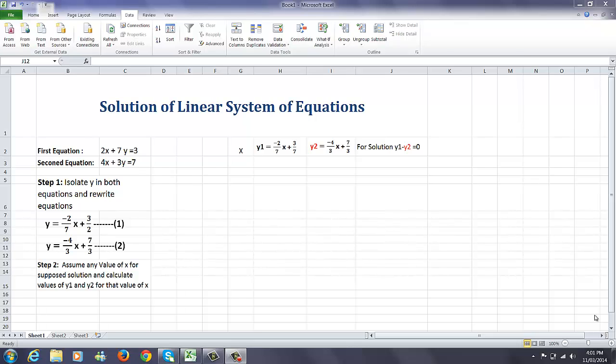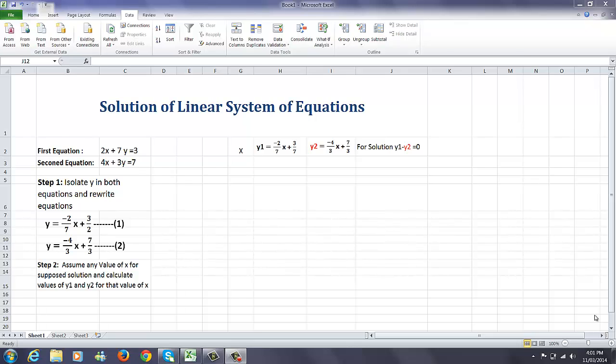And we do this isolation of y by transferring all the terms independent of y to the right side of the equation and then dividing by the coefficient of y on both sides.